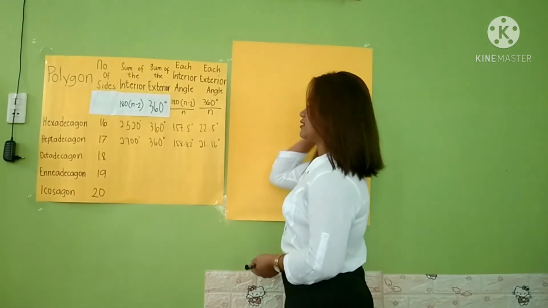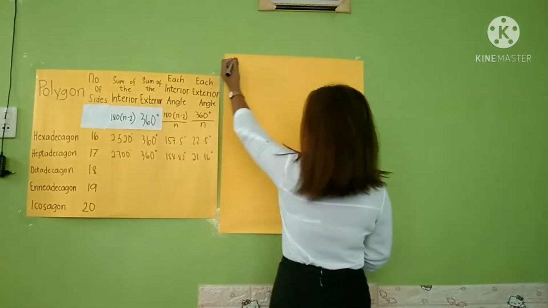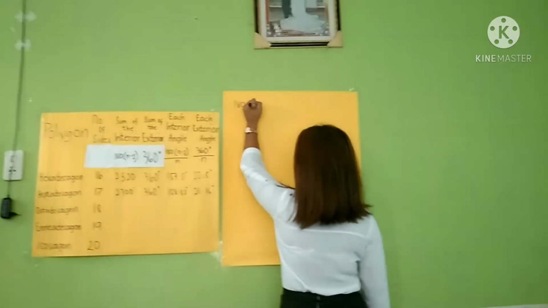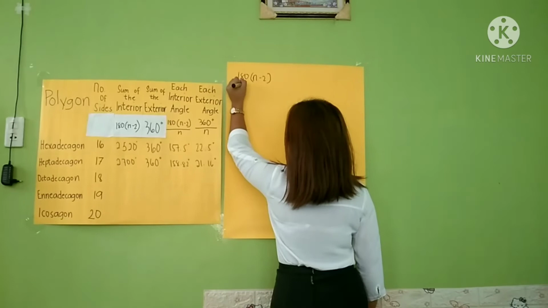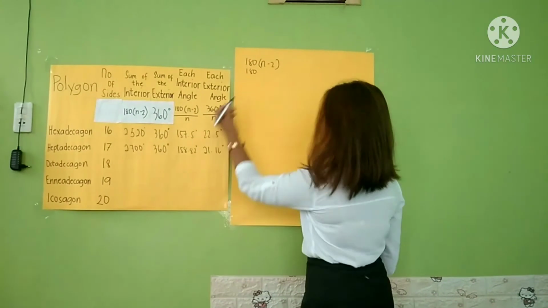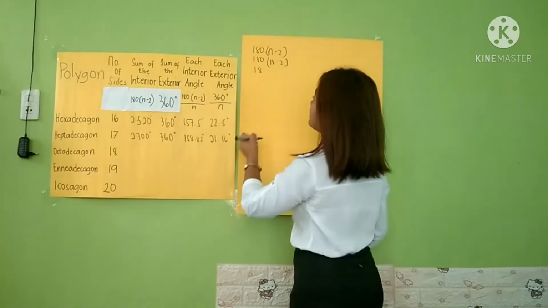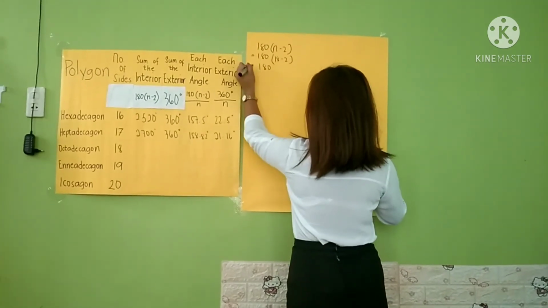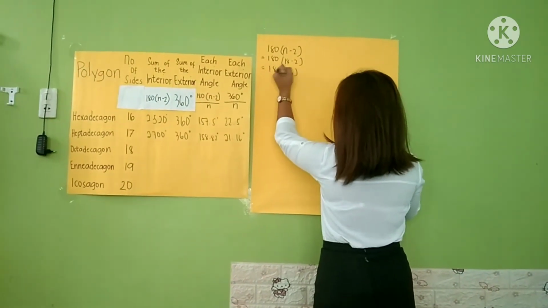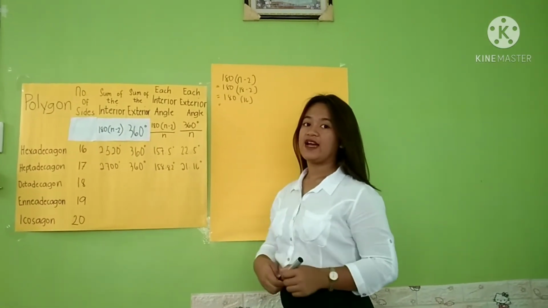The next one is the octadecagon, 18-sided. Here is the formula, 180(n - 2). n is the number of sides, which is 18, minus 2. Bring down 180. 18 minus 2 is 16. 180 times 16 is 2,880.